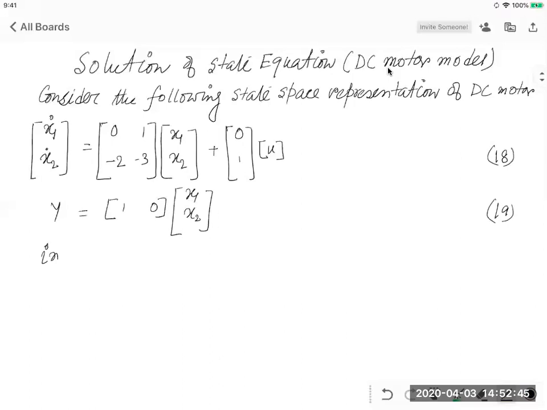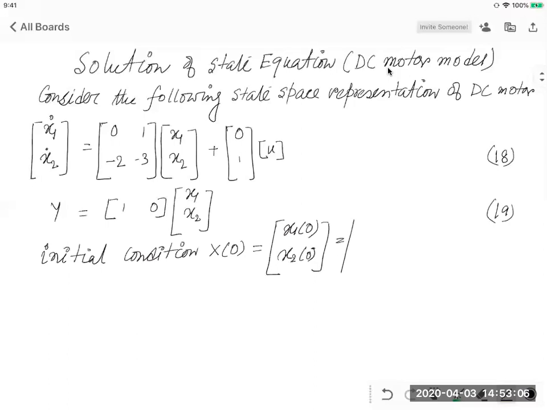Initial condition for the system is x0, basically a column vector. Elements are x1 0, x2 0. x1 0 is minus 1, x2 0 is 1.